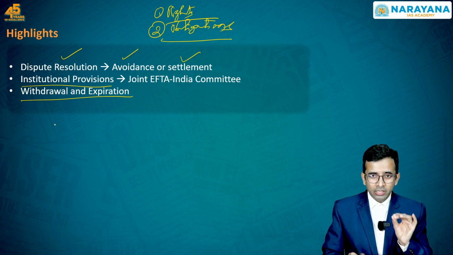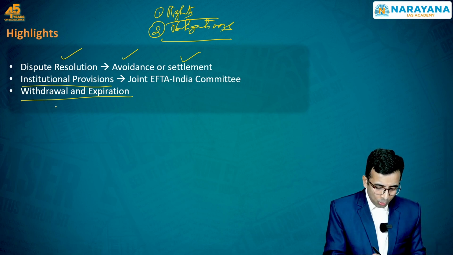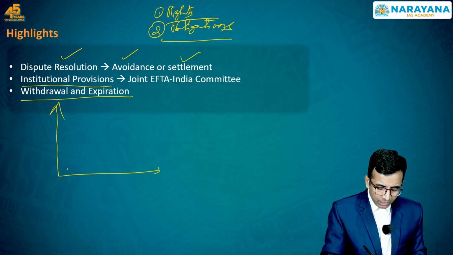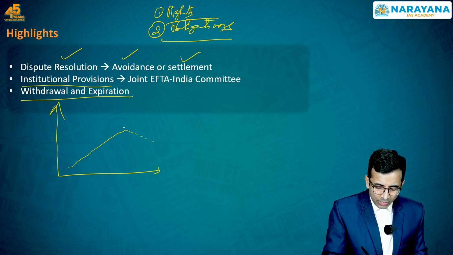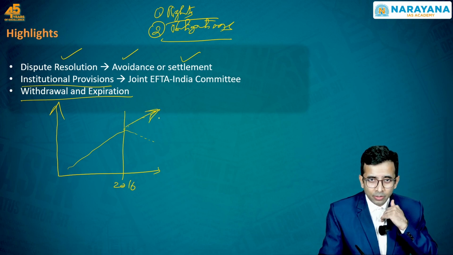Now, if you look at another aspect at the macro level, we clearly know that since 2016, the world has entered what is referred to as the deglobalization phase. If globalization were to continue, it would have shown a graph in the long term in this particular manner.